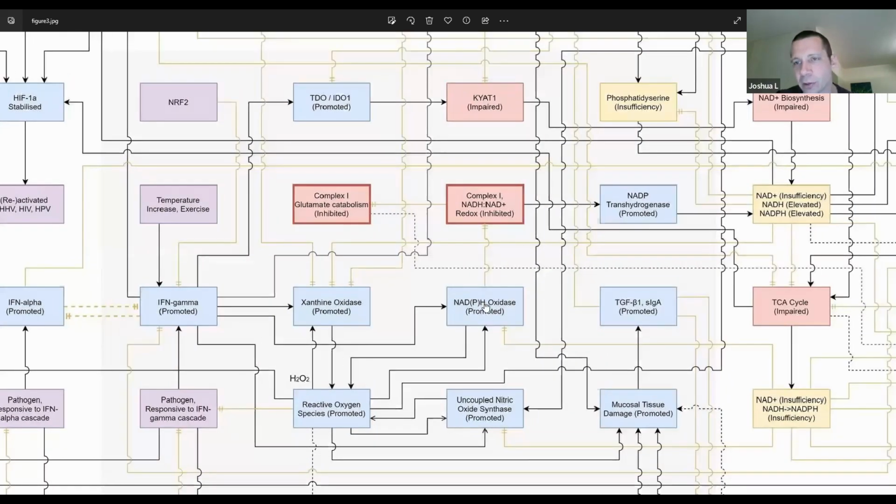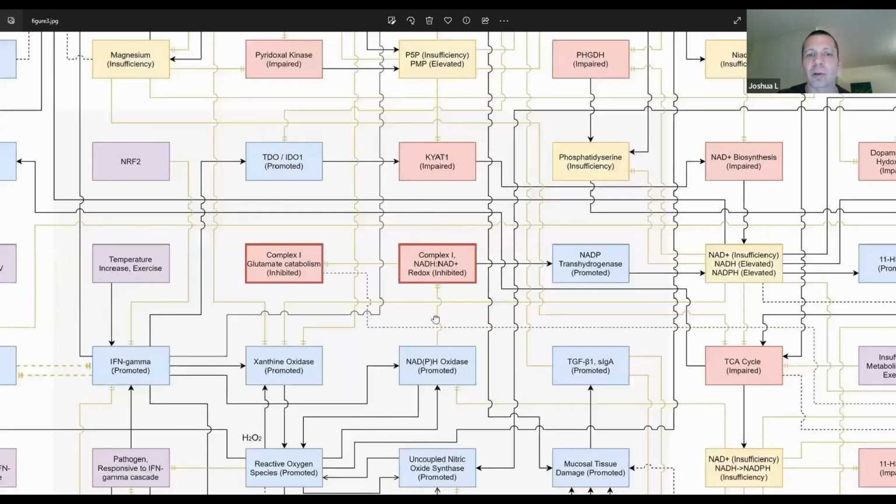According to the literature, when NADPH oxidase activity is elevated, it actually signals to inhibit mitochondrial complex 1, so NADH dehydrogenase. And that's a really critical thing, because if you are not metabolizing that NADH back to NAD as part of the citric acid cycle and the electron transport chain, you now have NADH pooling. Right.